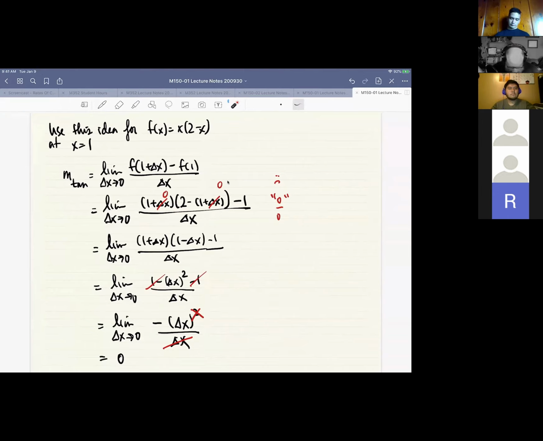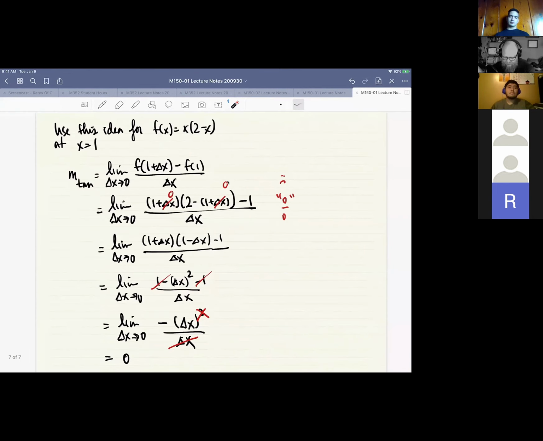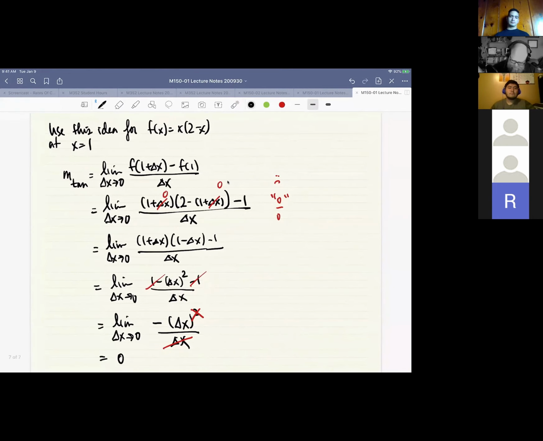So back on the previous page, the thing that I put in the red box here, this is how you calculate the slope of a tangent line when you have a formula. And what you need to recognize and remember is that this quotient right here is the slope of a secant line. And maybe I'll just rewrite this down here. M tangent equals the limit as delta x goes to 0.